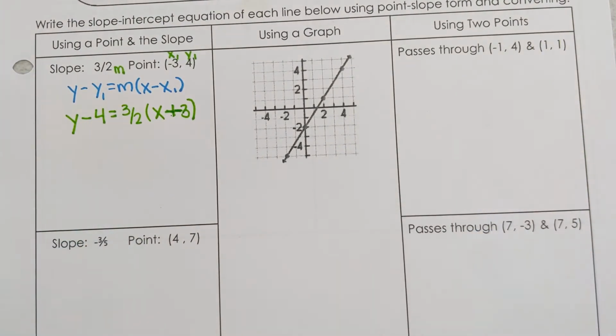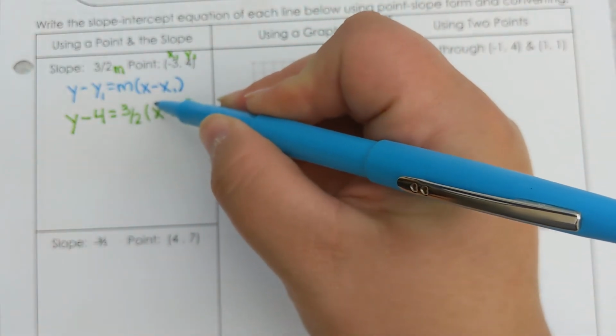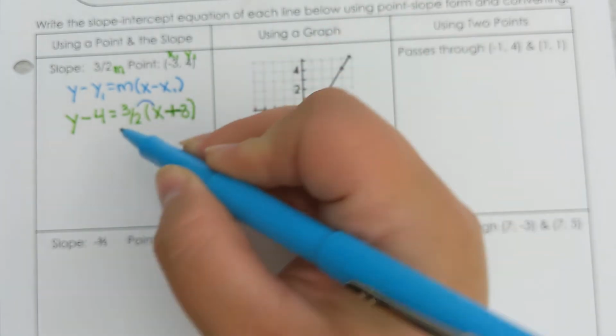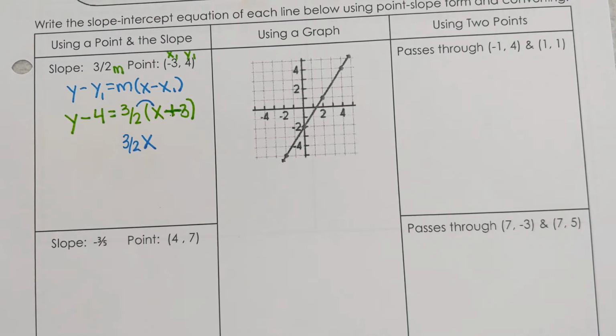Okay. Then, to solve for y, we're going to start what you would start with in any normal equation and distribute this 3/2. So that's going to be 3/2 x. Don't worry too much about that. We actually want there to be a fraction in front of x because that's the slope.